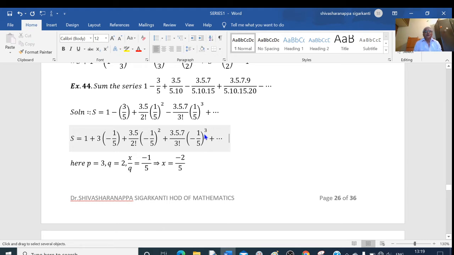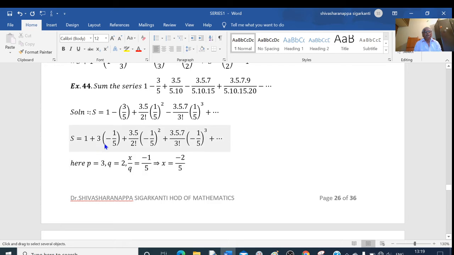That is, these terms are in binomial series with p equal to 3 and q is the difference here, q equal to 2, and x by q is equal to minus 1 by 5. So p equal to 3, q equal to 2, x by q equal to minus 1 by 5. This implies x equal to minus q by 5, that is minus 2 by 5.